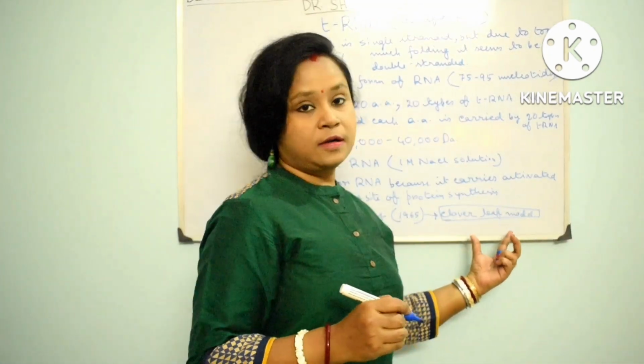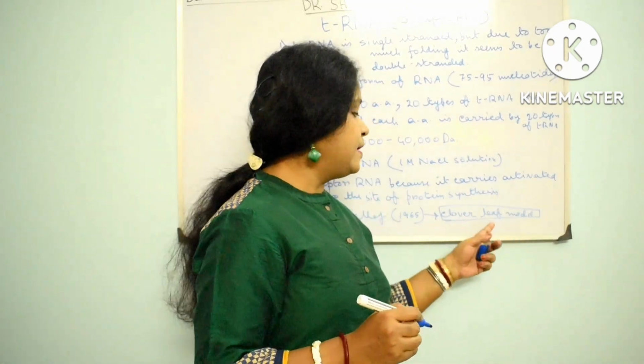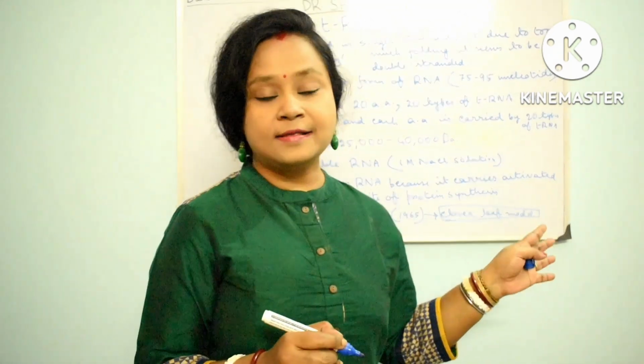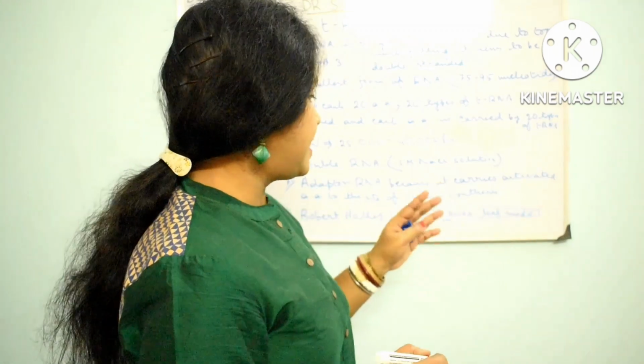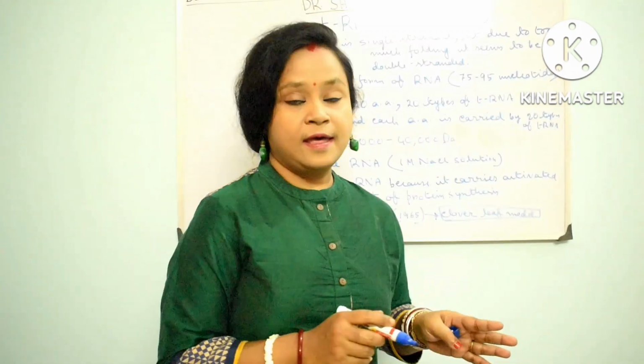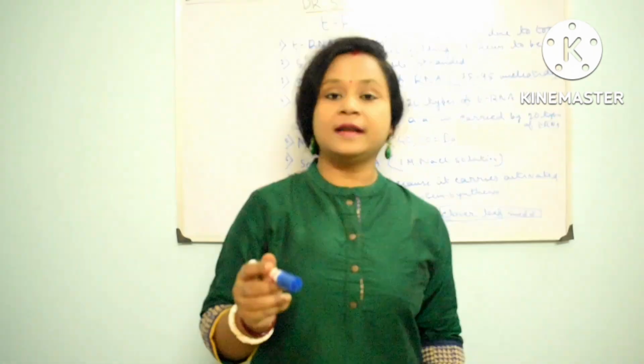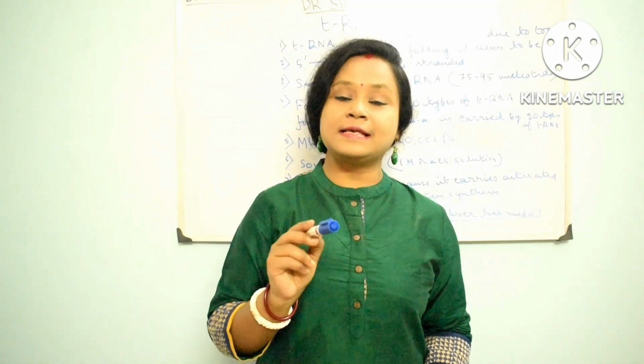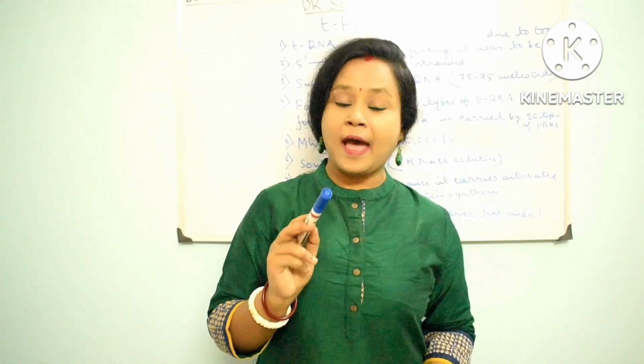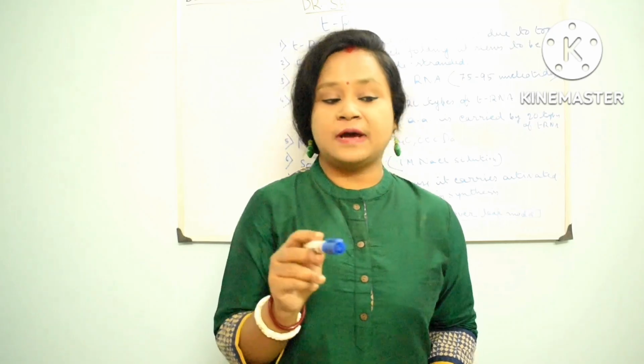So why is it called the clover leaf model? It has a leaf-like structure, like clover. What is clover? Clover is a plant with a trifoliate structure.